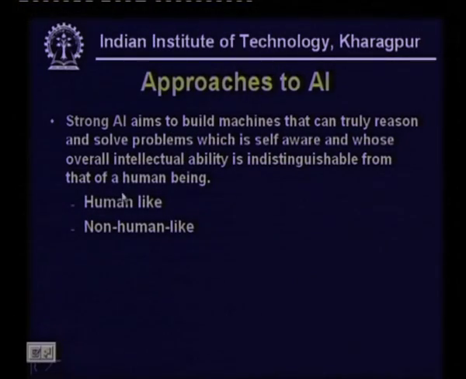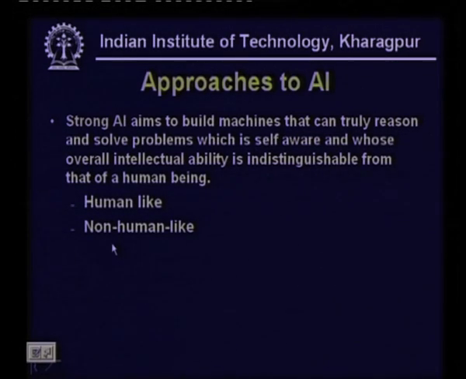One way of looking at AI is strong AI or weak AI. Strong AI aims to build machines that can truly reason and solve problems. Machines that are self-aware and whose overall intellectual ability is indistinguishable from that of a human being.